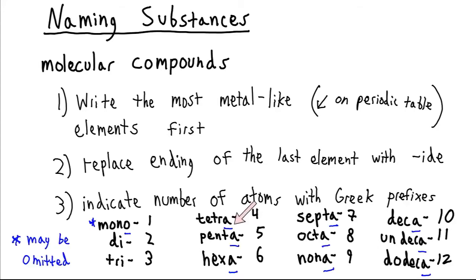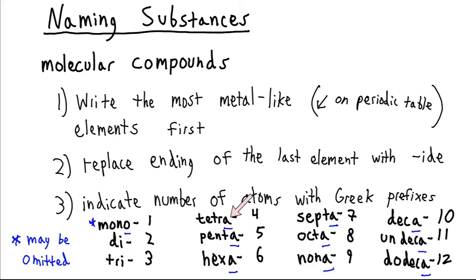Now, these last vowels, they can get chopped off. So like monoxide, or tetroxide, pentoxide, we can dispense with that "ah" sound if there's a vowel that we're combining it with. But if we have a consonant we're combining it with, then we might say tetrahydrogen or pentahydrogen.